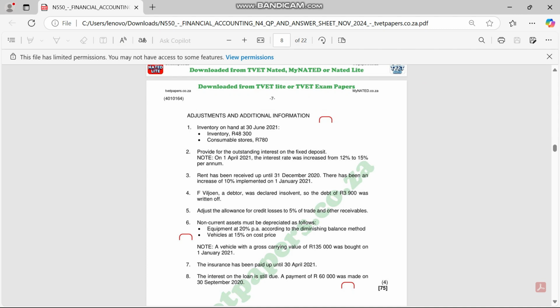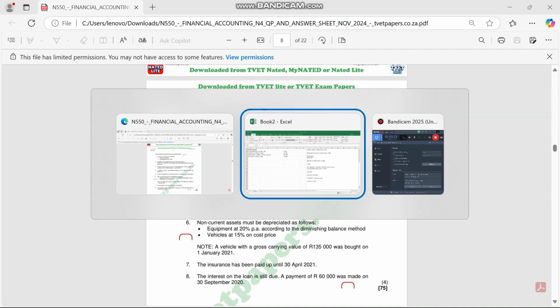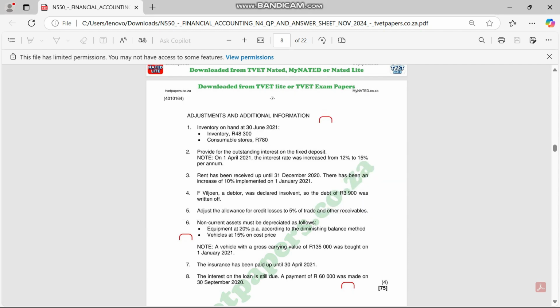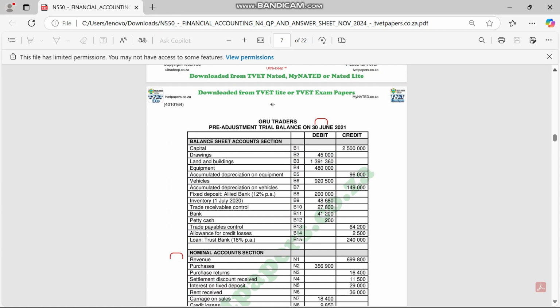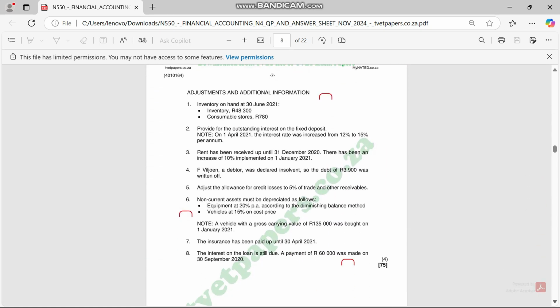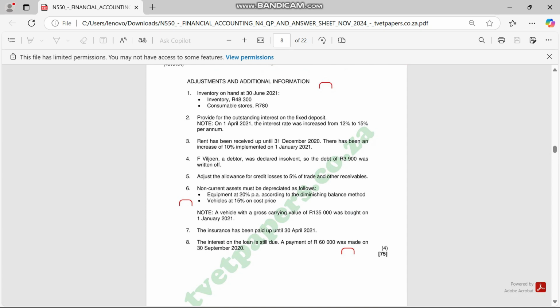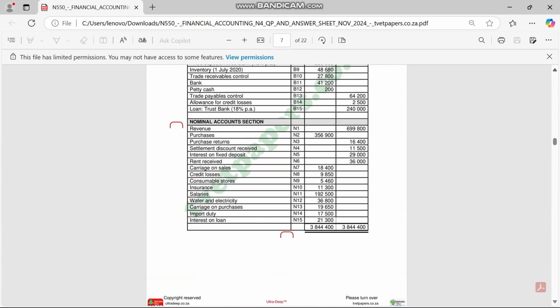So our financial year starts on the 1st of July 2020 and ends on June 2021. So a payment was made, meaning it was July, August, September for 3 months. So this payment was made when? It's important to check the date if it's the 30th or the 1st, because if it's the 1st, the month doesn't count.